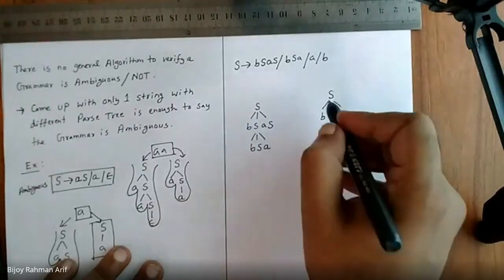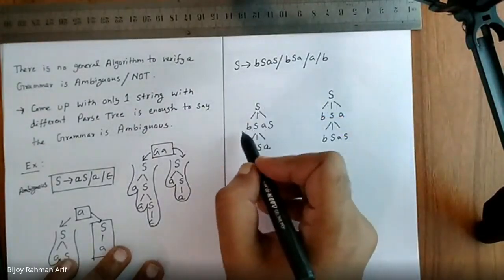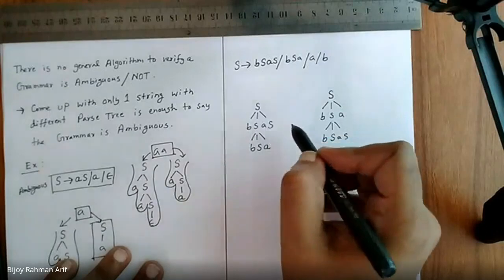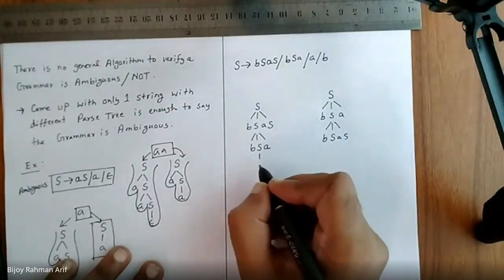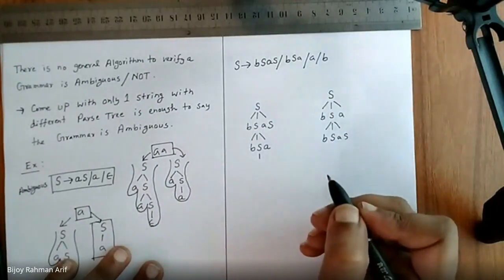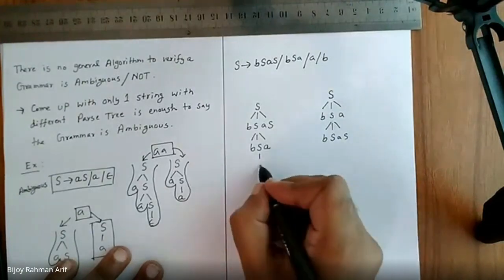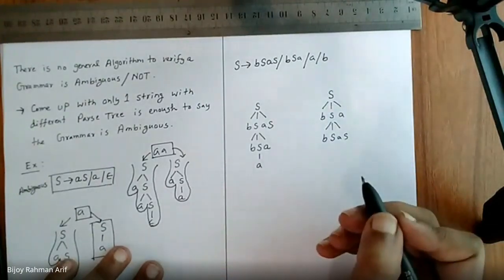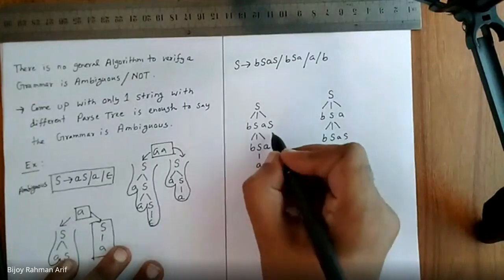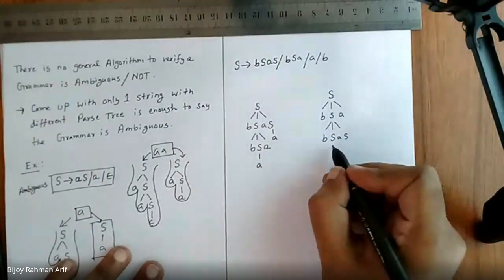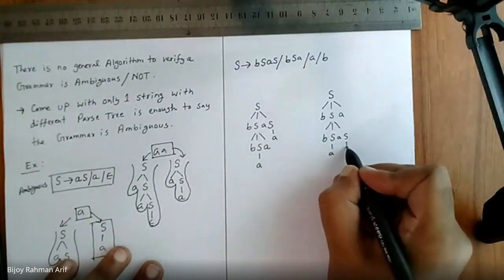Right now, the intermediary form is the same: B, B, S, A, S. Now let's replace this S with A, and this S with A, and also this S with A.